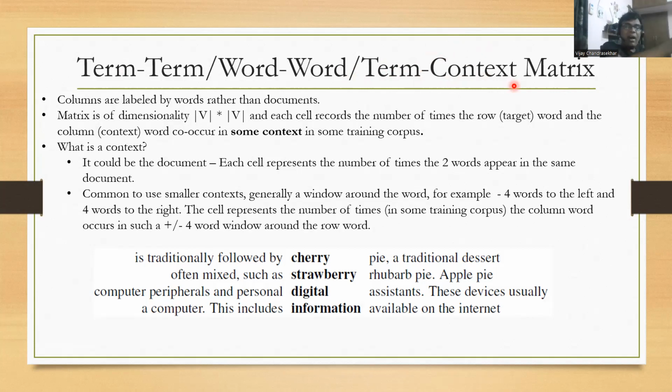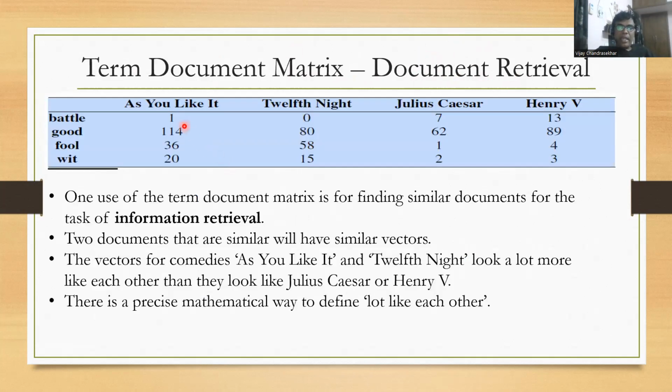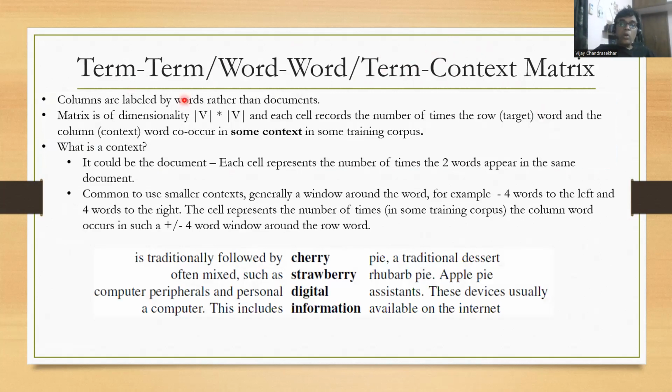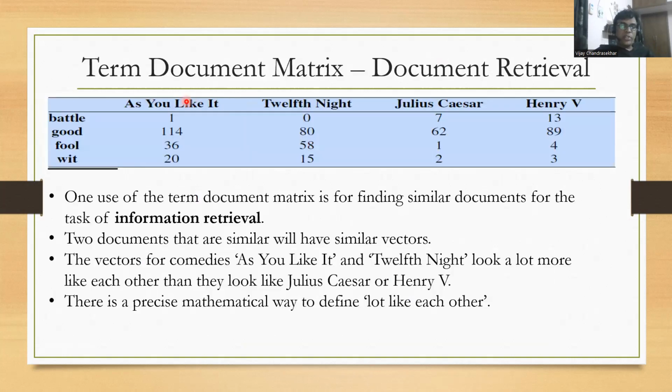Context means the words that come around this word, that's the context, right? So here what we do is, instead of columns being documents, columns are words themselves. So instead of As You Like It, you will probably have a word here, another word here, another word here, another word here. Okay.